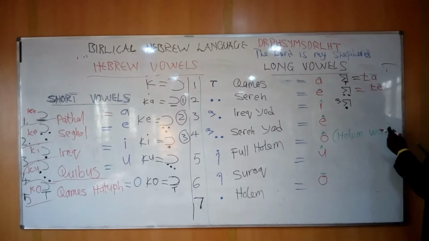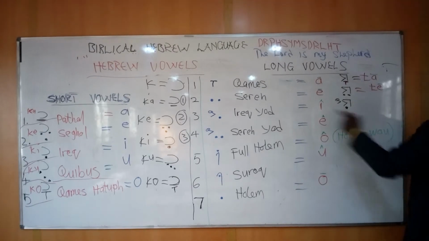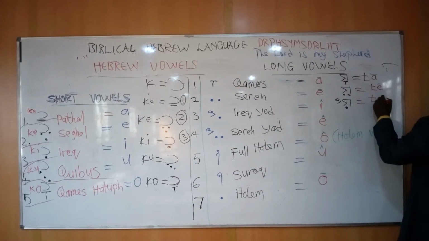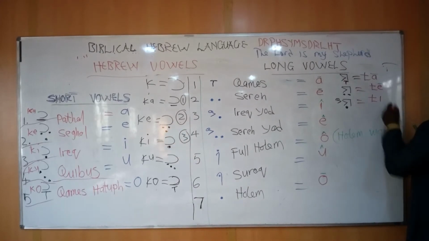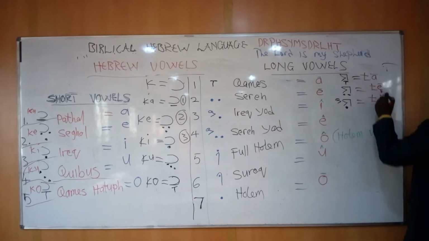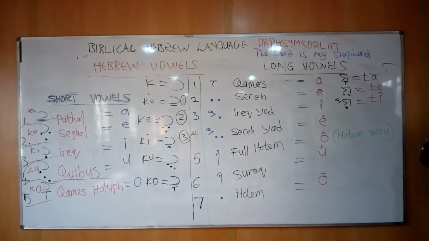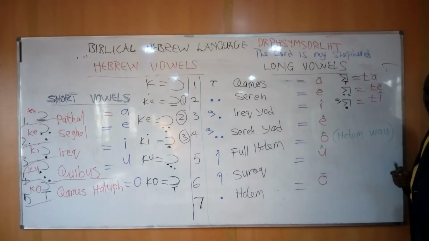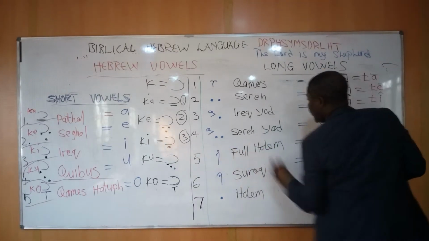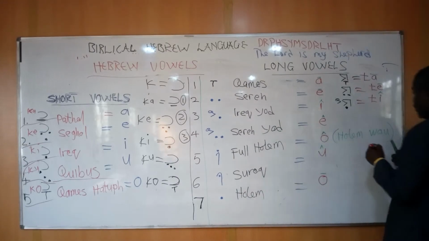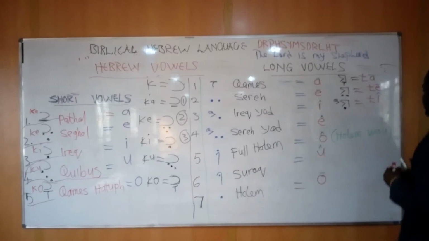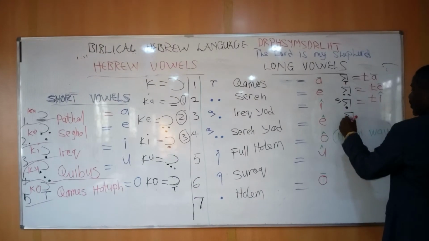Now in this case, you have T, is an I, but the sign of the long vowel stays on top of it. When you come to say yod, you have part of it under and part of it up. So what you have here is tau and sereyod.